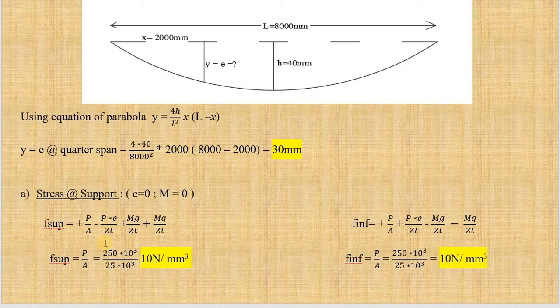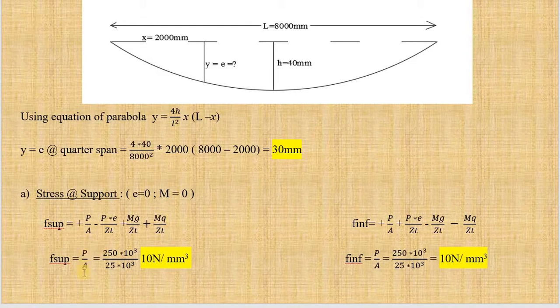So you can directly write it as just Z. Here the E value is 0, so the second term won't be there, that is 0, and the M value will be 0. Here there are no separate values like Mg, Mq. Why? Because we have added both the loads, dead load and live load, and got one single load. For that single load we will get a single moment. So the third term and the fourth term are also 0. So all second, third and fourth terms will be 0.